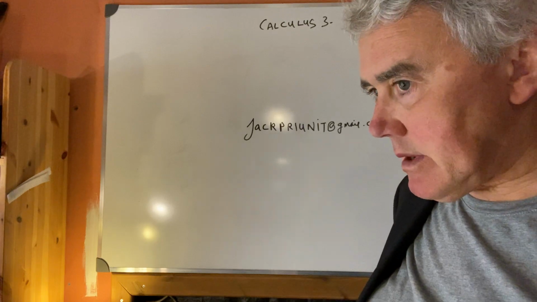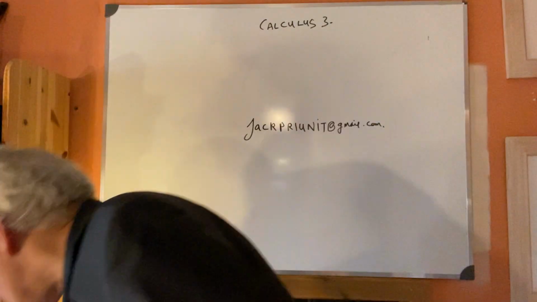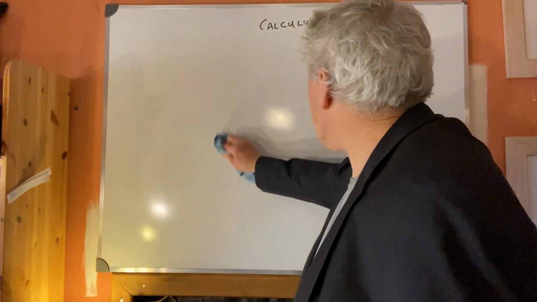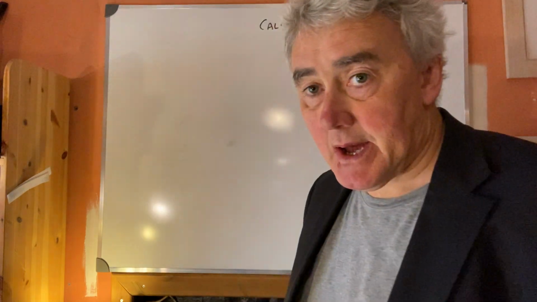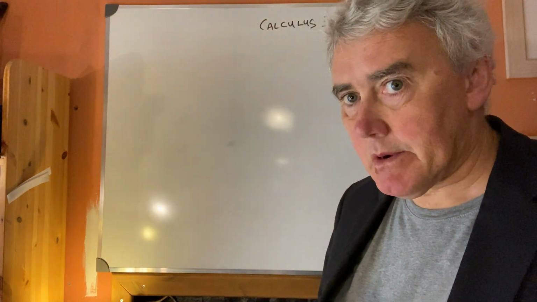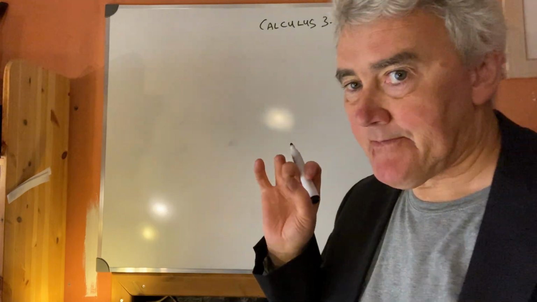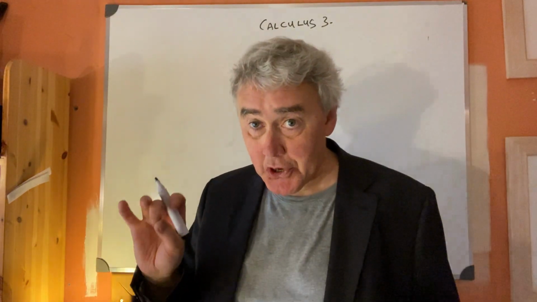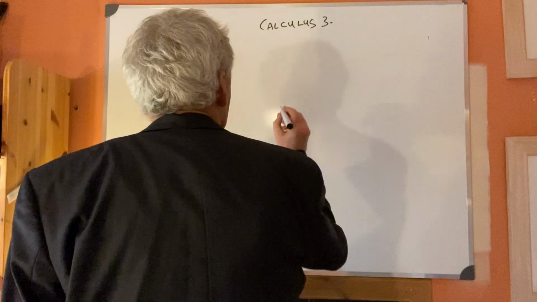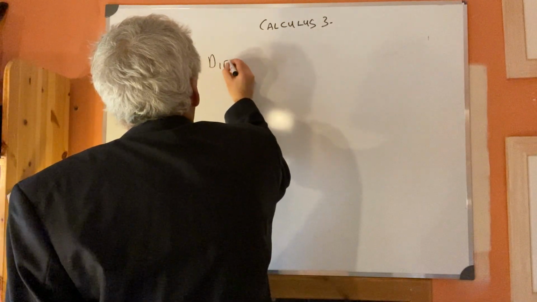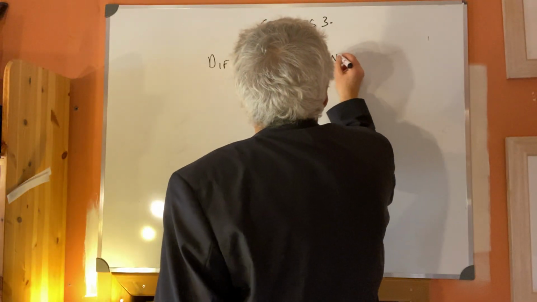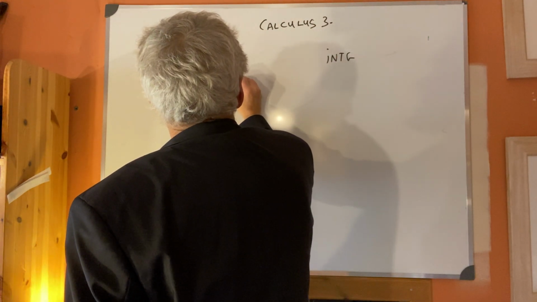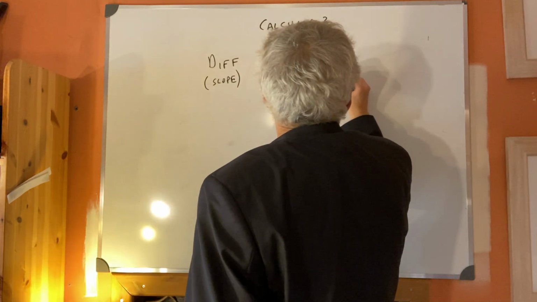Okay, so far we have looked at the fundamentals of calculus, and we have looked at how calculus has two aspects, differentiation and integration, and that this fundamentally has to do with slope and this with area.